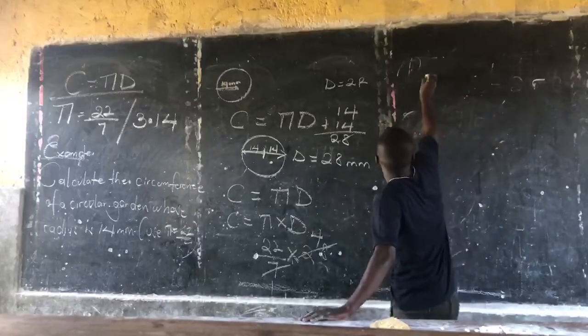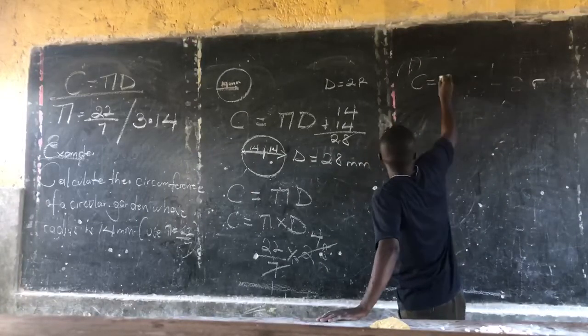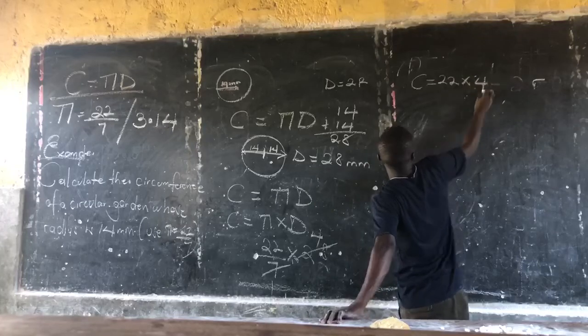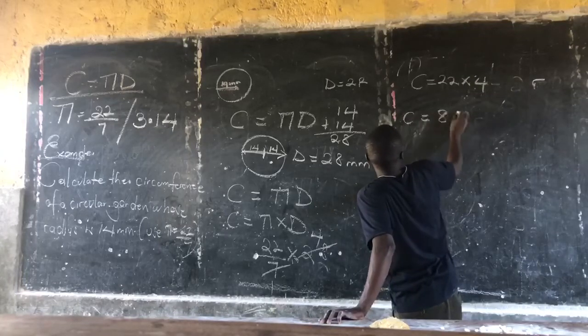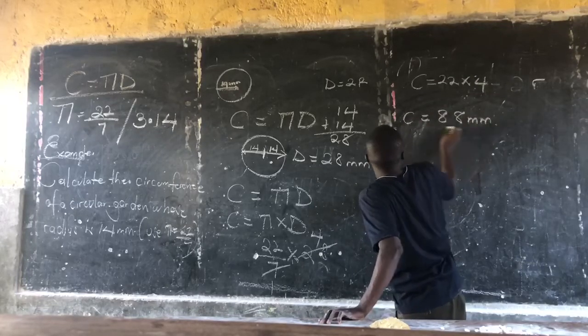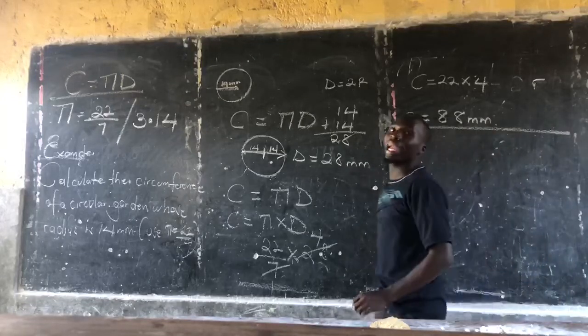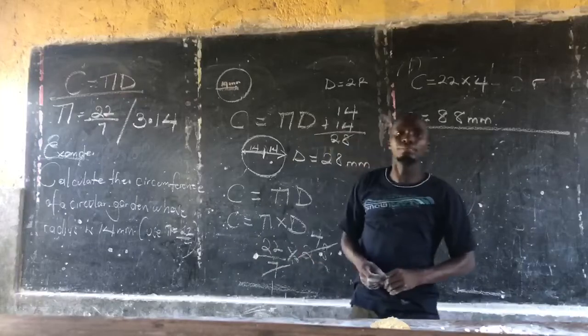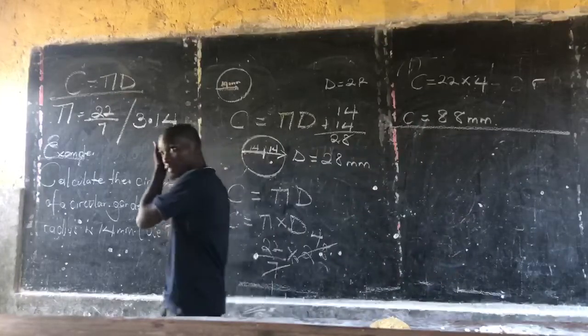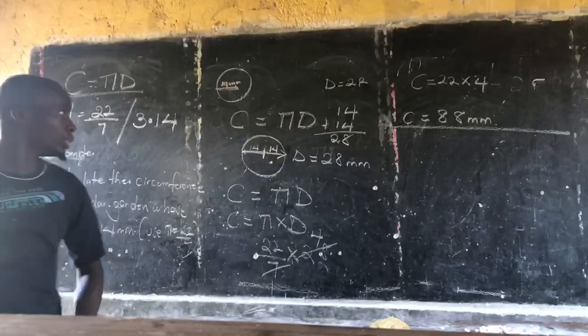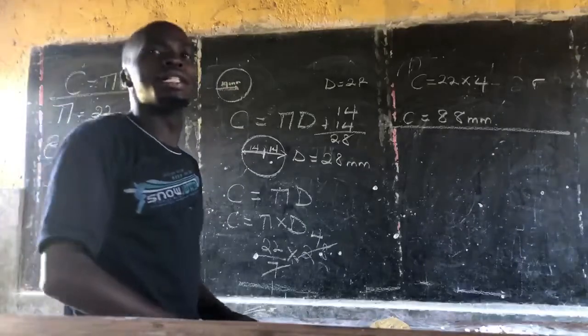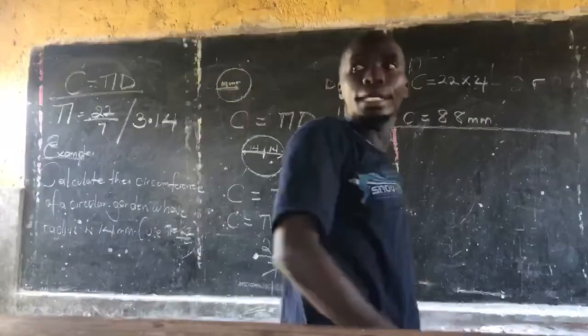So our circumference will be equal to 22 times 4, which is 88 millimeters. So the circumference of the circular garden will be 88 millimeters.